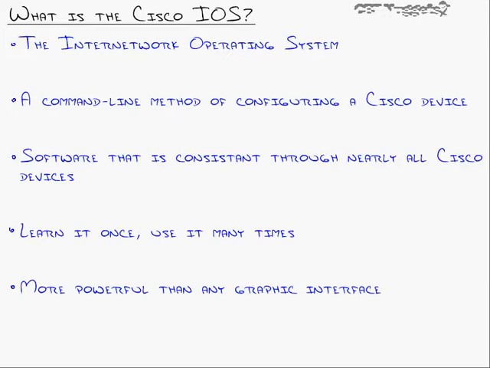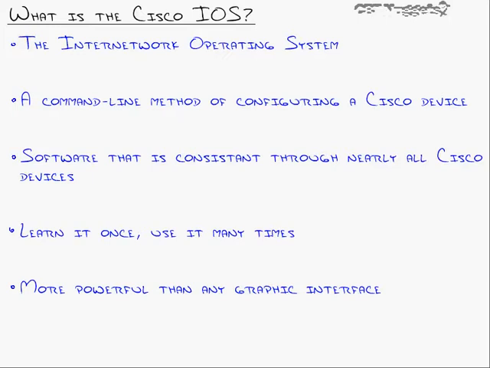And it is a good security measure not to have that firewall use the same operating system as the other devices in the network, because if there was some kind of vulnerability in the IOS, then somebody could discover it and break into the firewall as well. So what Cisco did was create a different operating system for their firewalls, but they made it look the same and feel the same and use similar commands as the IOS. So it's the same look and same feel no matter what device you're on.